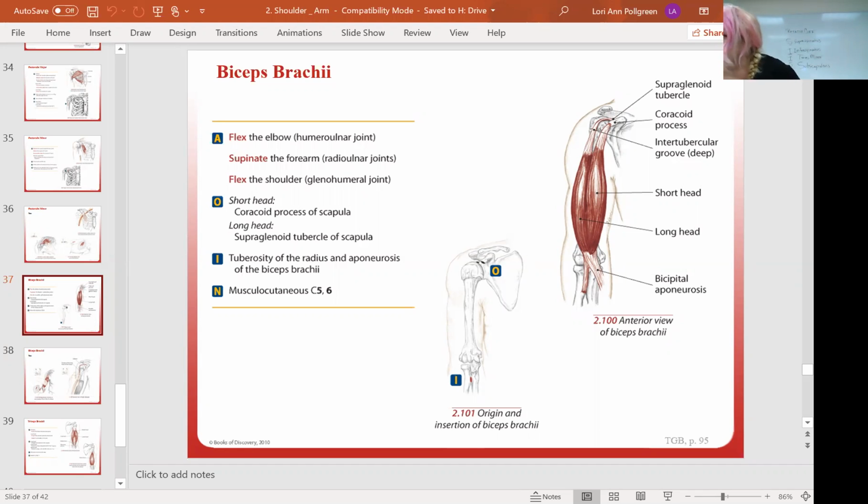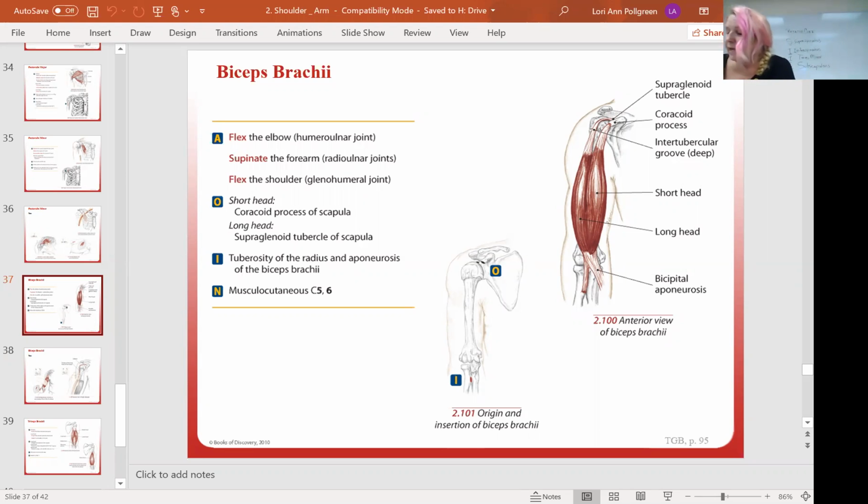So it doesn't actually have an attachment anywhere on the humerus itself, but it does run through that groove. It crosses, if you'll notice, two joints, and we know if a muscle crosses a joint, it causes movement for that joint. Therefore, it helps with movement. It causes movement at the elbow and the shoulder.